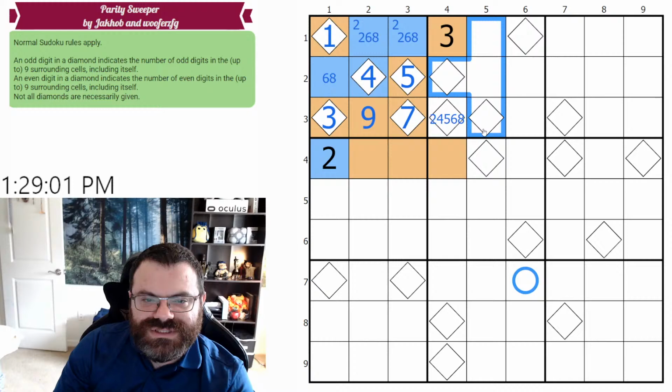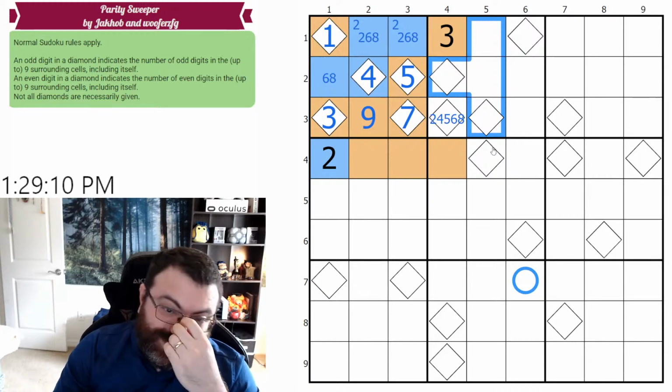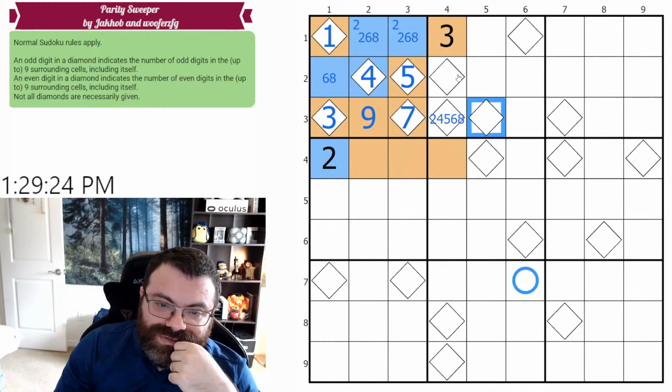7 would require all of these to be odd. It couldn't be a 1. It would have to be a 5. There's a 5 in one of these. Oh, this can't be 5.